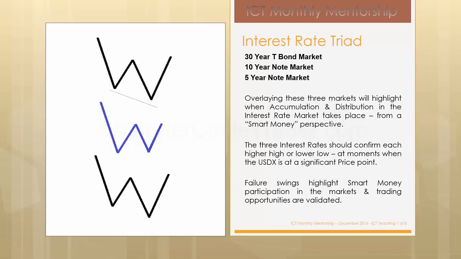Now, this could be the 30-year Treasury, it could be the 10-year, or it could be the 5-year. There's no demand on either one of these three being the failed lower low. You just need one to break that pattern of moving lower. And when that happens, it invariably will show smart money participation in the marketplace.